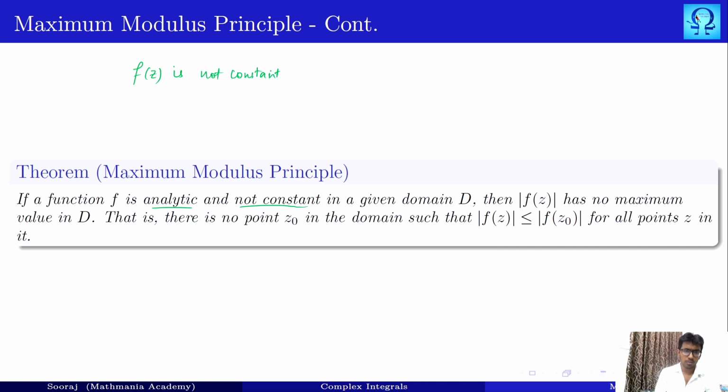If it is not constant, it means it takes different values for different z.